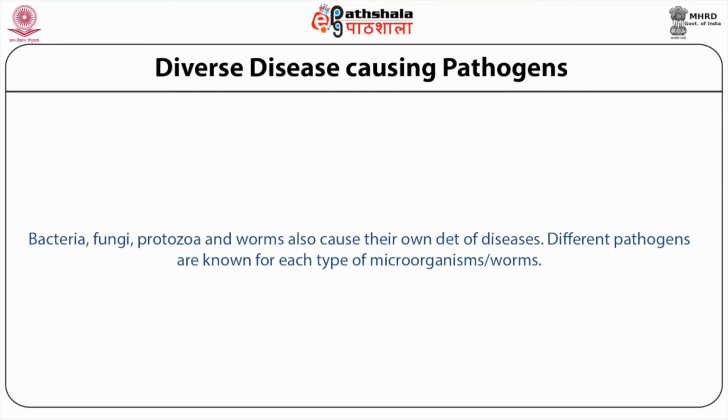We also have gram-negative cocci, and then we have gram-positive bacilli and gram-negative bacilli. We also have anaerobic bacteria like Clostridia. So they are of diverse nature. Each bacteria is known to cause corresponding diseases which are listed here. Fungi also cause many diseases which are listed here.